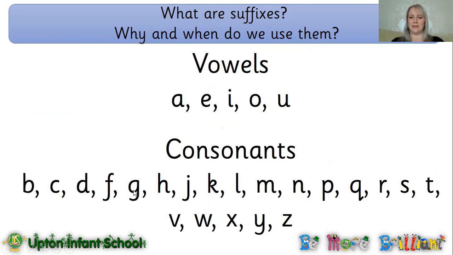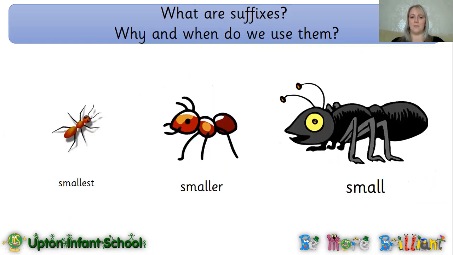Right, let's get on and have a look at some other pictures. Now, here I have some ants. We all know ants are small. So this is a small ant. But this ant is smaller than this ant. You can see I've added my er again to make this happen, to change that word so that we understand that this ant is smaller than this ant.